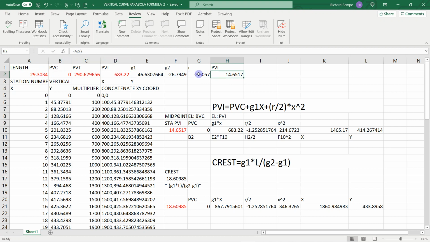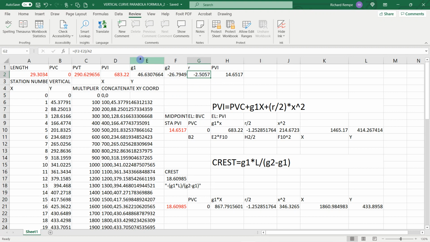So there you get your slope of G1, and very similar, C2 minus D2. So PVI minus PVT. So then you're just getting the difference in elevations of those two, the PVI and the PVT, divided by the same one here, A2 divided by 2. So like that, it would be this, enter.